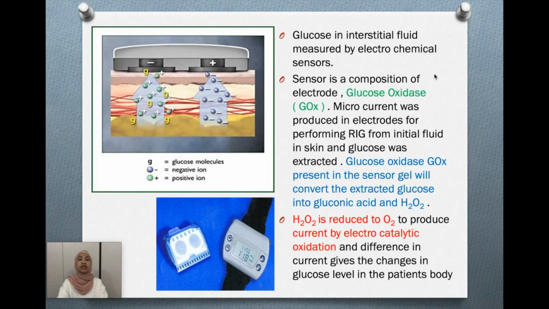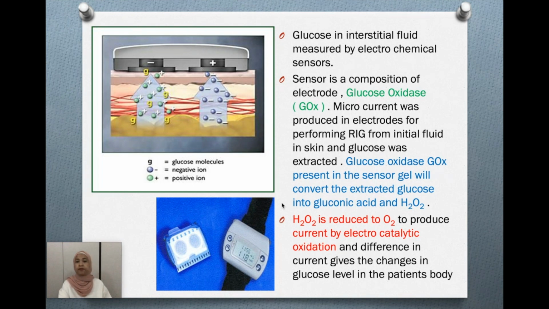The sensor is composed of glucose oxidase enzyme. When you apply the microcurrent, it takes the glucose from the interstitial fluid of the skin and moves it out to the sensor.